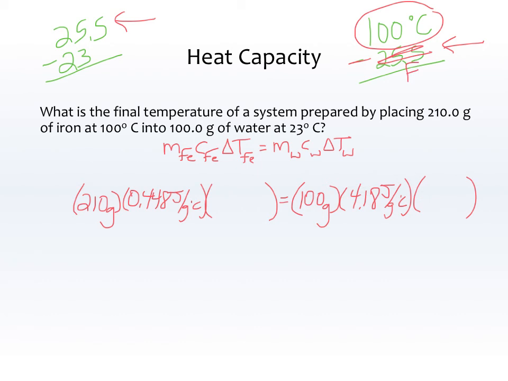When the final temperature is higher than the initial, we're going to take the final temperature minus the initial. So down here in this problem, this is going to be my original 100 degrees minus x. And this will be my x minus my original 23 degrees. So look back at the example problem from before to see why, if that's still confusing you.